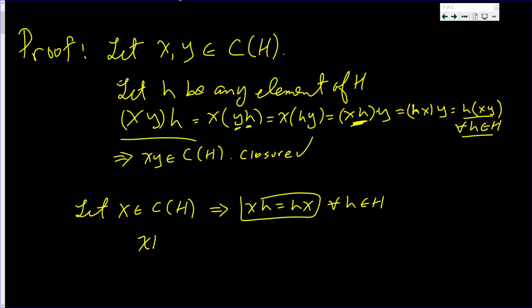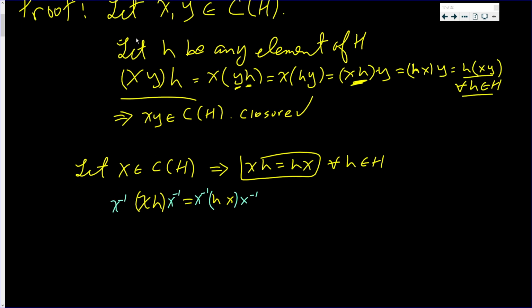So I'm going to multiply on both sides of this equation by X inverse. Play the associative game. I'll group the first two, then I'll group the last two.